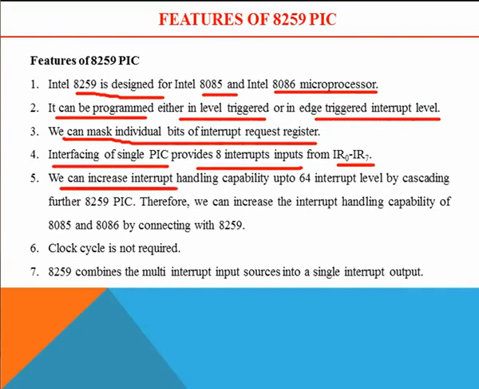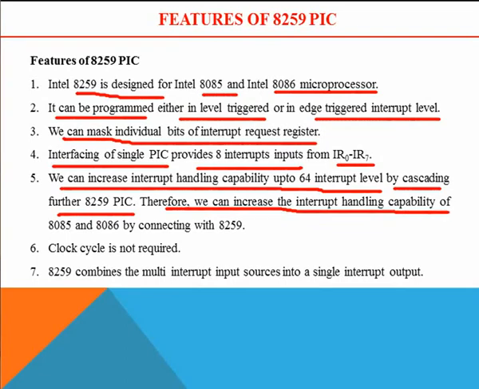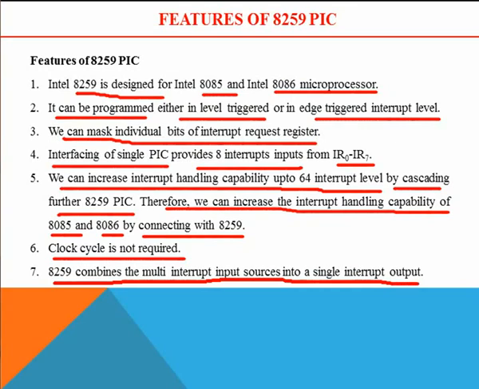We can increase interrupt handling capability up to 64 interrupt levels by cascading 9 8259 PICs. Therefore, we can increase the interrupt handling capability of 8085 and 8086 by connecting with 8259. A clock is not required in 8259, and 8259 combines the multiple interrupt input sources into a single interrupt output.